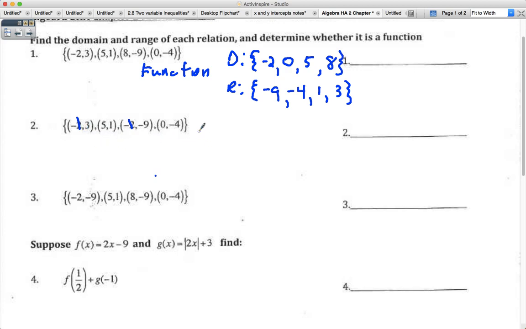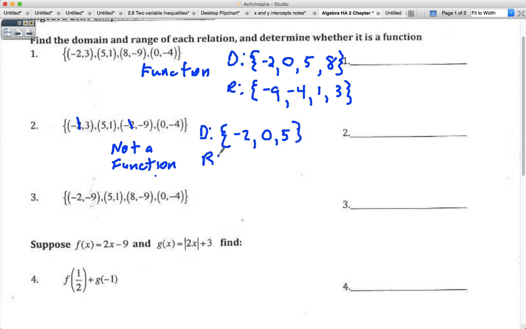But I can name its domain and range, but it is not a function. The domain, which would be the set -2, don't need to repeat it, I've already included it, 0, and 5.